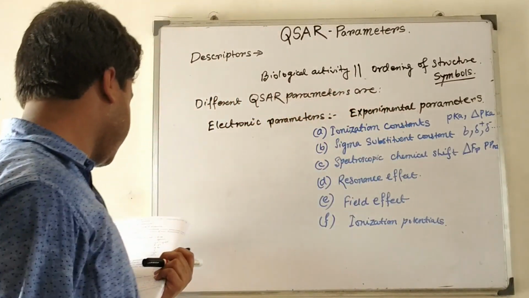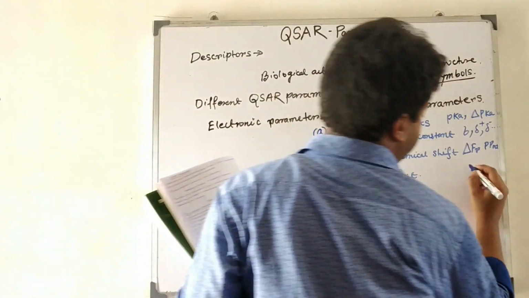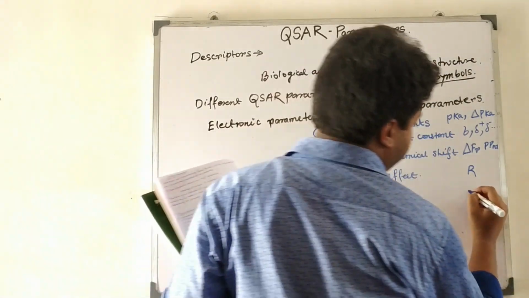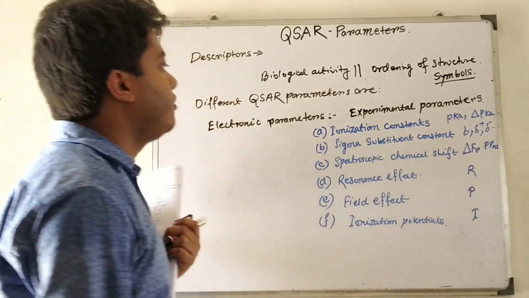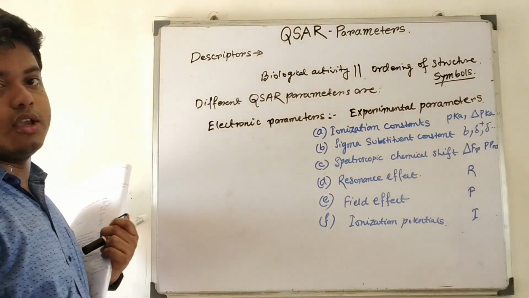For resonance effect, we generally use R. For field effect, we generally use F. And for ionization potential, we generally use I. So these are the electronic parameters.